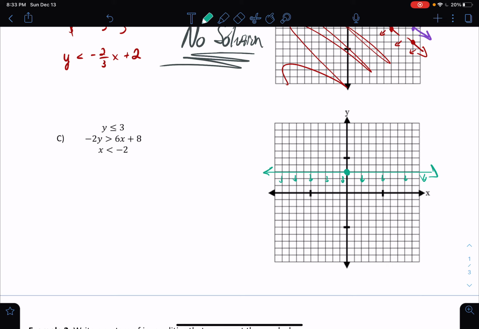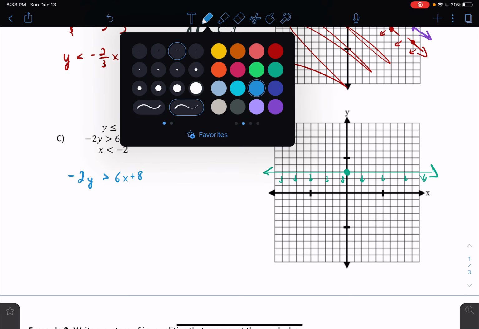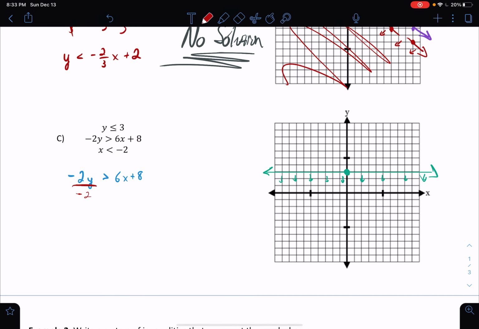Next up, we got to get this one into slope-intercept form. Negative 2y is greater than 6x plus 8. When I divide everything by negative 2, all right, I divided by a negative, so I need to remember to flip the inequality symbol. So then 6x divided by negative 2, that's negative 3x. 8 divided by negative 2 is minus 4.